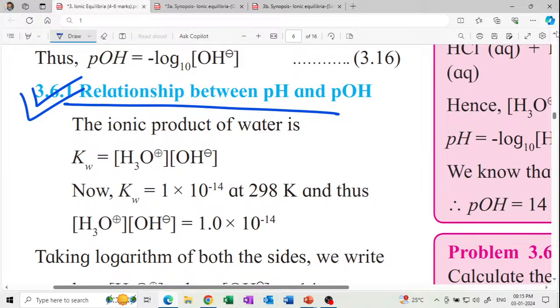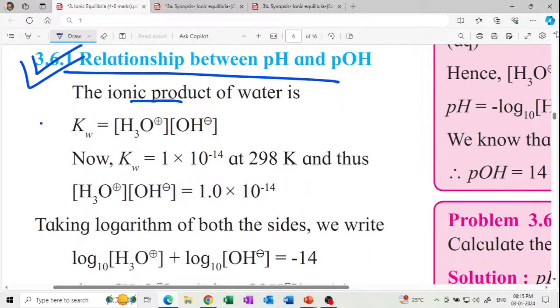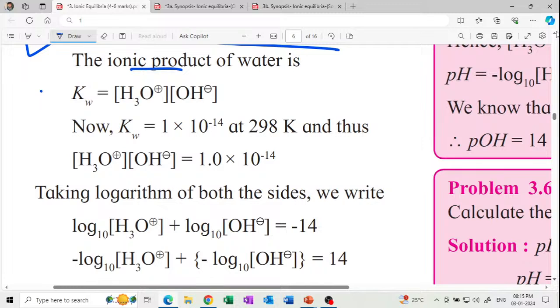The first thing is the ionic product of water. What is the ionic product of water? The ionic product of water is the concentration of H3O plus times the concentration of OH minus. The value of Kw, the ionic product of water, is 1 into 10 raised to minus 14 at 298 Kelvin. So the concentration of H3O plus times OH minus is equal to 1 into 10 raised to minus 14.